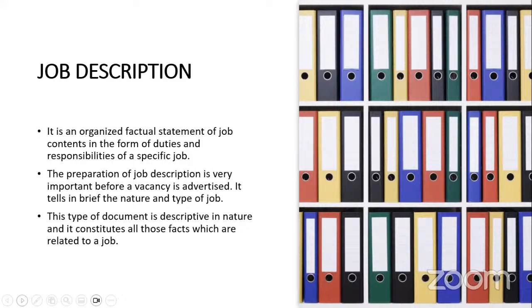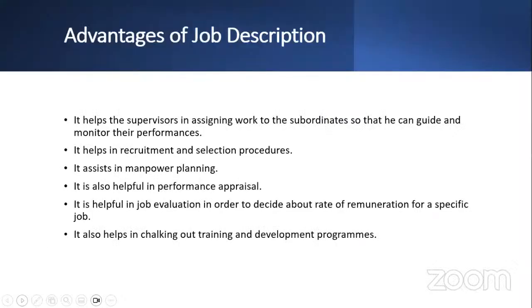These are the details that will tell the brief nature and type of job that you want people to come and apply for. This type of document is descriptive in nature, and it constitutes all those facts which are related to a job.